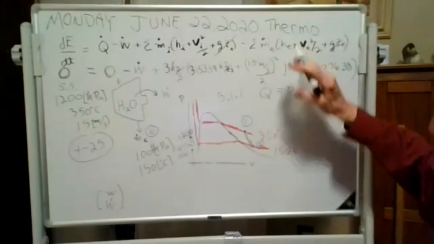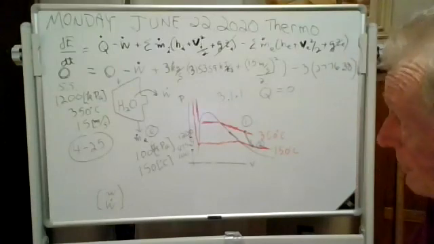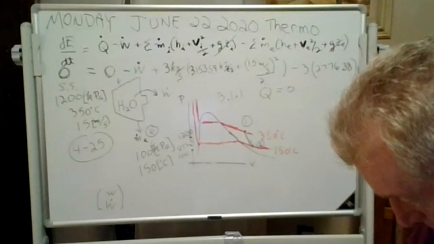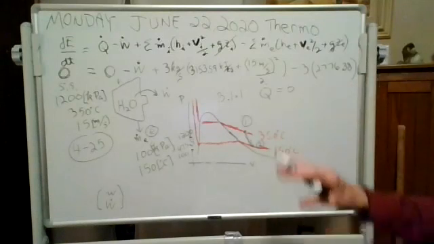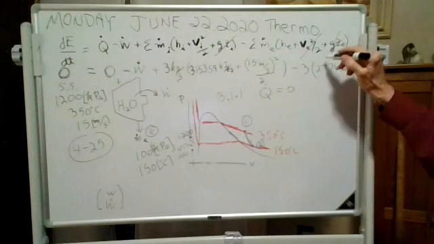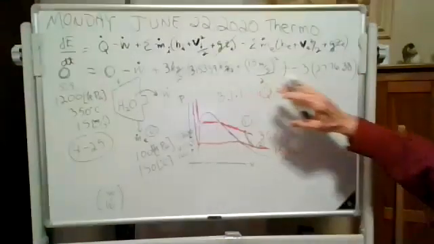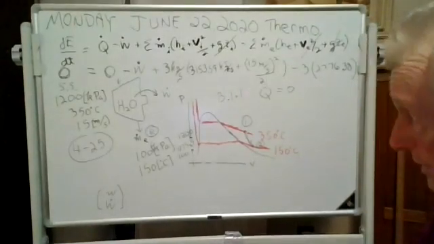And did they say the exiting velocity is small on this problem? Yeah, they said it was very small. So on this particular problem, you can cross out those. And so here's our equation, and we're going to solve it here in a minute.